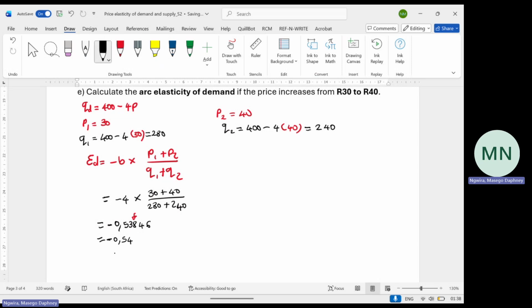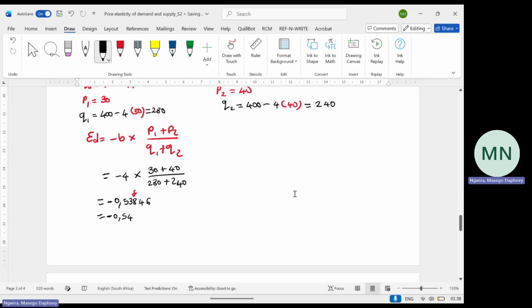And then because this value is between negative 1 and 1, we are going to say, therefore, the demand is inelastic, because it's between negative 1 and 1.